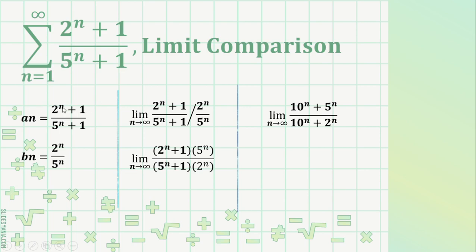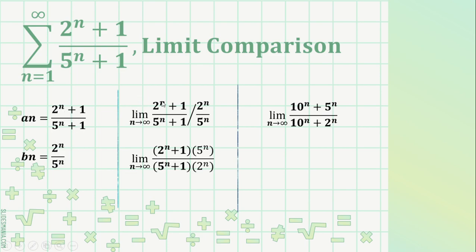So an is the same form as before, 2 to the power of n plus 1 over 5 to the power of n plus 1. But in bn, we do not include the plus 1, so it's just 2 to the power of n over 5 to the power of n. In this case, we divide an by bn.